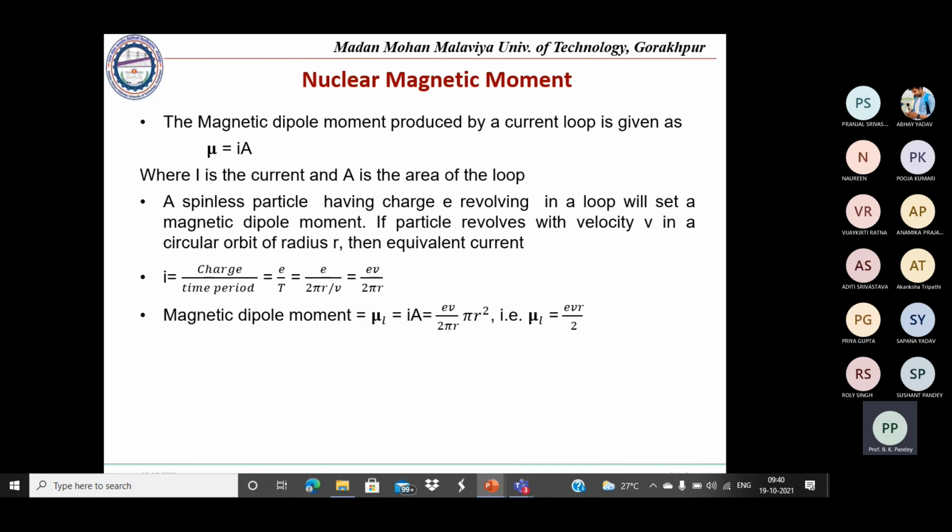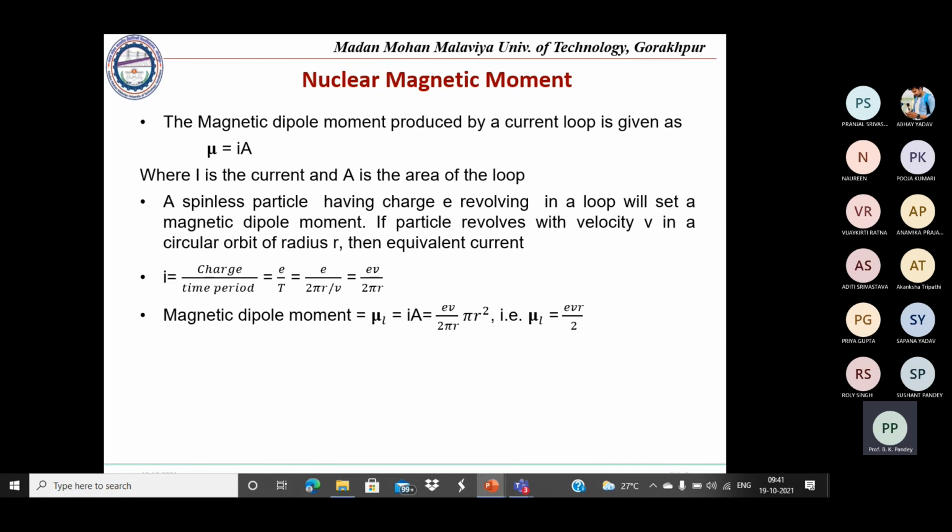Now we can put the value of current in the above expression to find the exact expression of the magnetic dipole moment. So this magnetic dipole moment mu L will be equal to I into A. I am writing L as a suffix because this magnetic dipole moment is due to the orbiting electron.